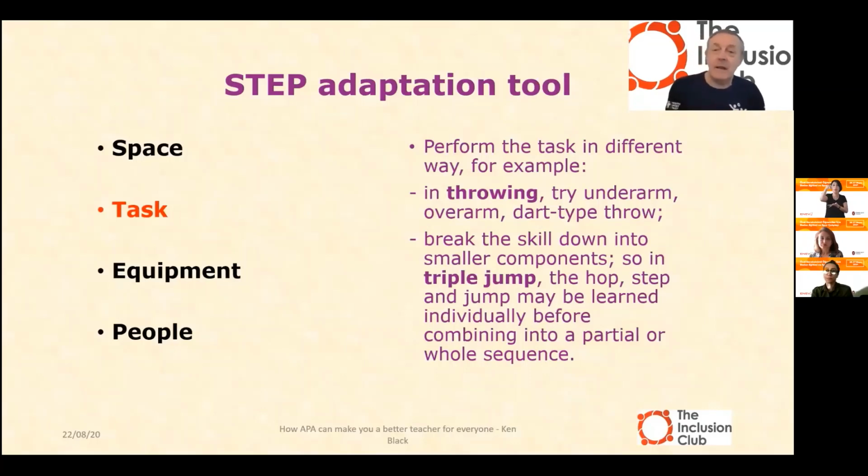So we might connect the hop and the step, or maybe the step and the jump, before we would ask an individual to try and put the whole sequence together. So we can break complex skills down into more simple components and make them more accessible, therefore, to individuals.